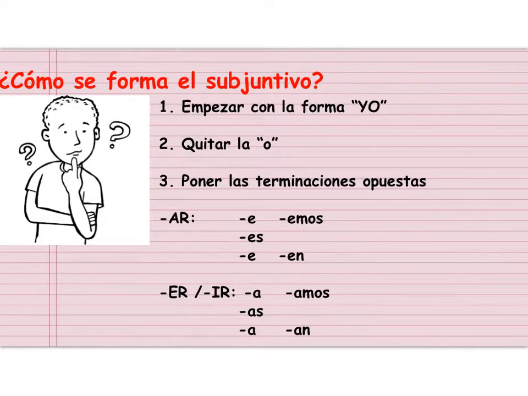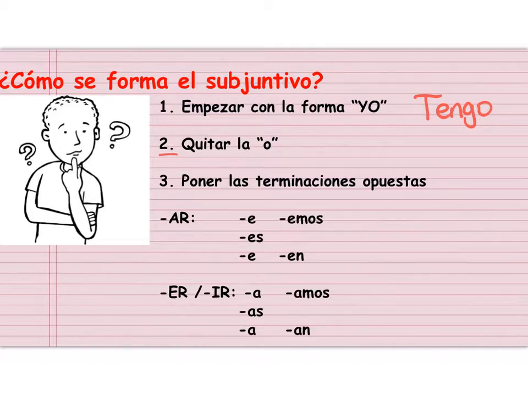In order to form the subjunctive, you must take the yo form of the present indicative. If, let's say, the verb tener, to have, you go with the yo form of the present indicative, which is tengo. We then remove the O, that is what step 2 is telling us to do.